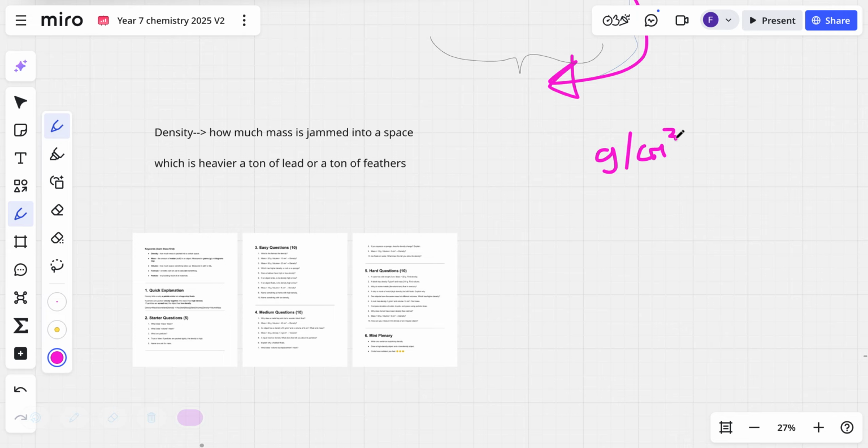Okay, so this is how your unit of density looks today. We're doing chemistry, so we can do it in any way we want. In physics, we can't. But we're doing density equals grams per centimeter cubed.